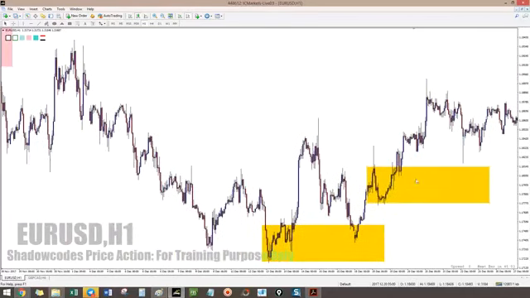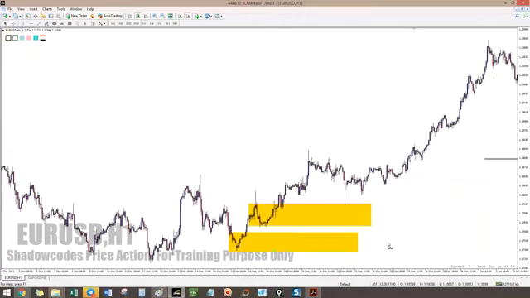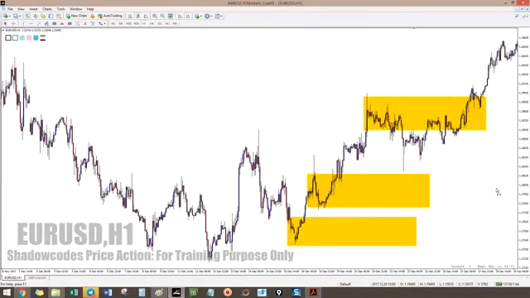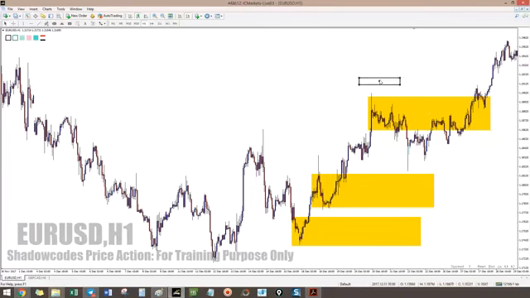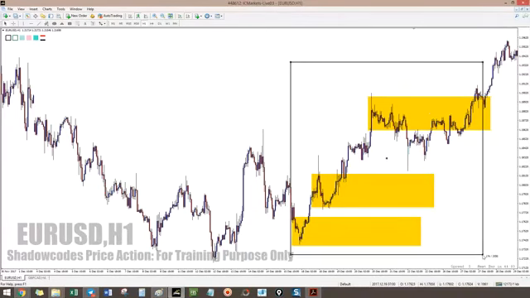It's already written here, so you just need to mark this one. So number 1 and number 3. You find the three phases in this area only.